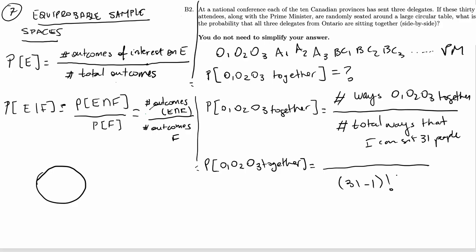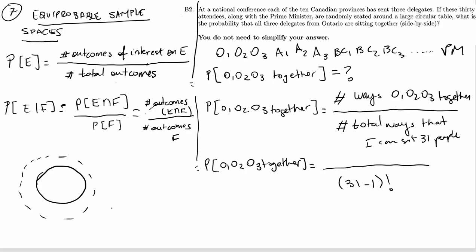Okay? So if you go back to the recap, we have an exercise for this. What I can do is tell the Ontarians here to glue themselves together, right? Imagine that I have 30 slots around the table.